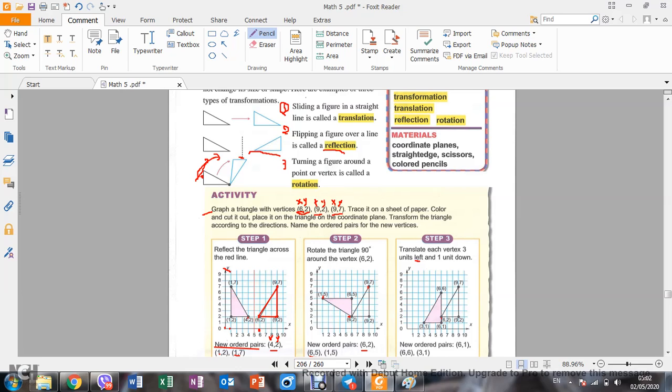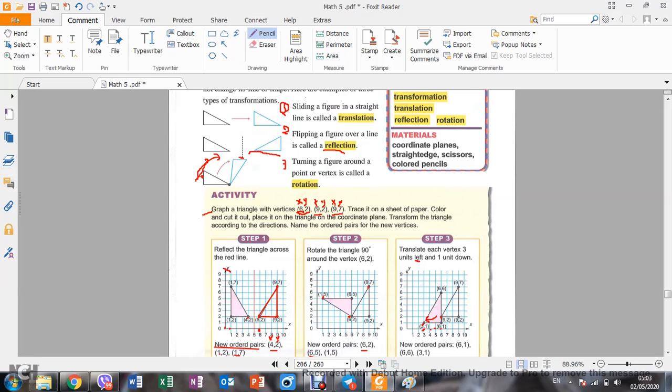When I tell them 3 units left, you should go to the left. From 6: 1, 2, 3. On 3 you put down this point. So for left or right, you should use x.